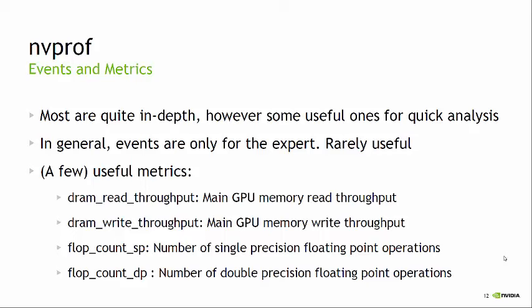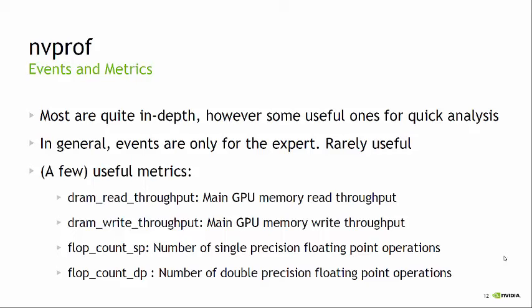Similarly with the floating point operations, single precision and double precision, you can see how close to the ideal you are, or you can compare yourself to cuBLAS, for example. So cuBLAS does efficient matrix-matrix multiplications. You can compare yourself to that, and if you're doing roughly as many floating point operations per second as cuBLAS, you're doing a pretty good job.